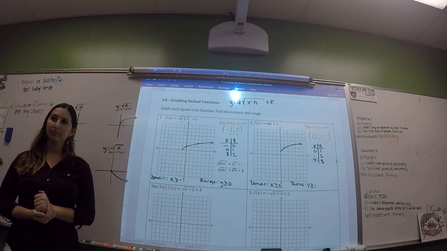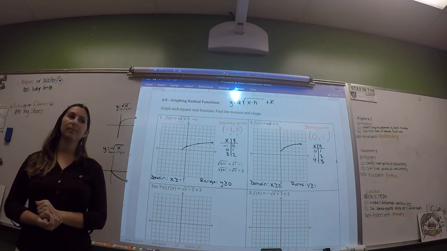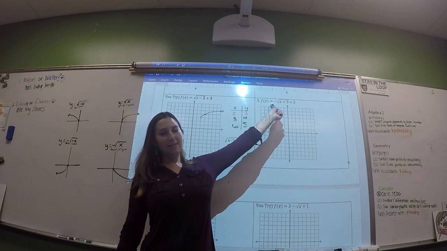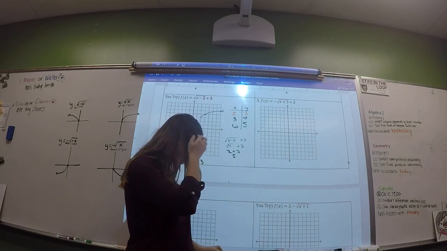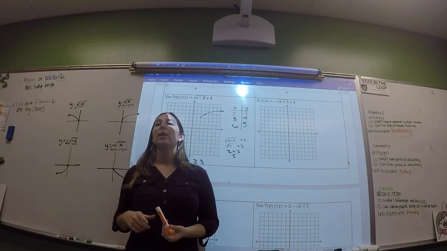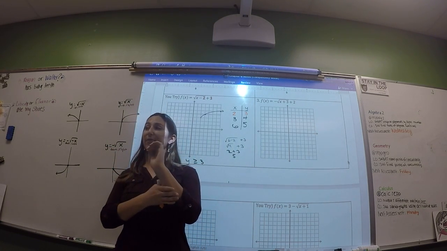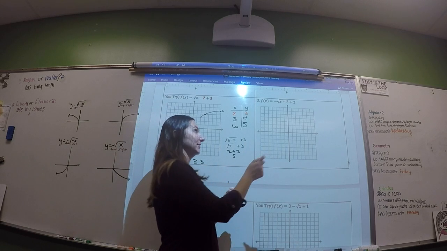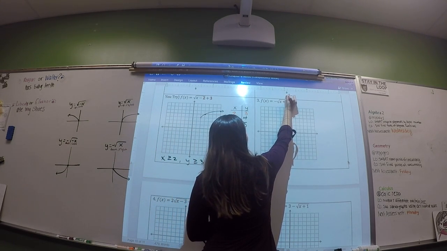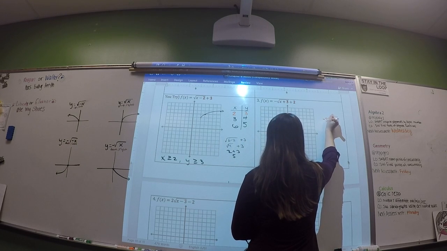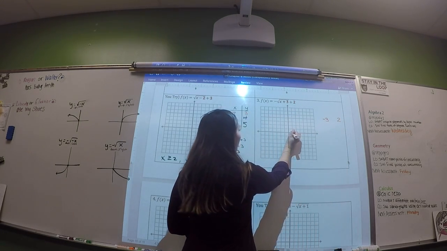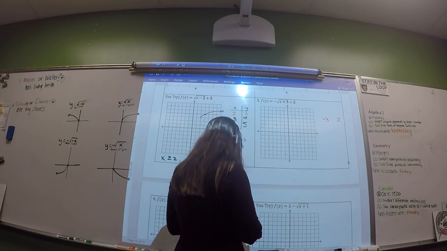Because there's a negative sign here, we know it's gonna go down. Now, if it says plus 3, it's really like a disguised negative 3. So your starting point is negative 3, 2, which is here.